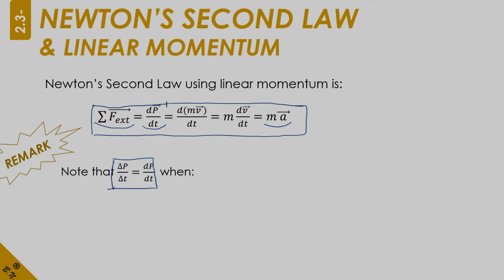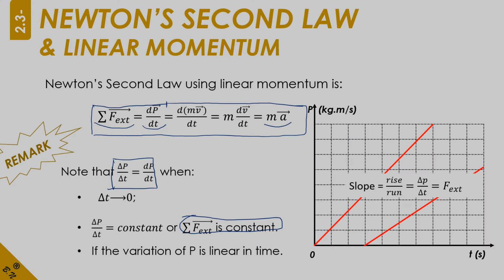We can replace dP by dt by delta P by delta t in 3 different scenarios. Keep them in mind. First, when delta t tends to 0. This is the definition of dt, so we can replace delta P by delta t by dP by dt. Second, if the external forces acting on the object are constant, or the sum of F external is constant, we can also replace dP by dt by delta P by delta t.